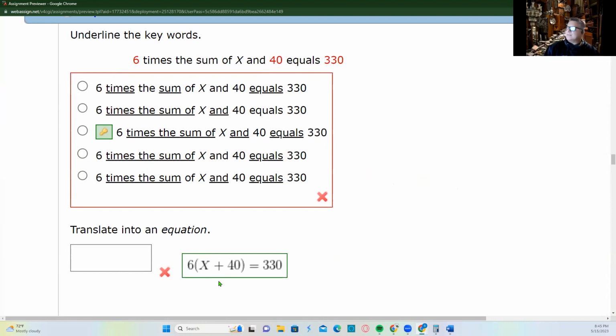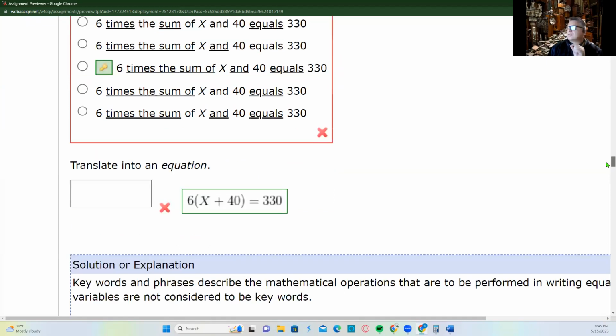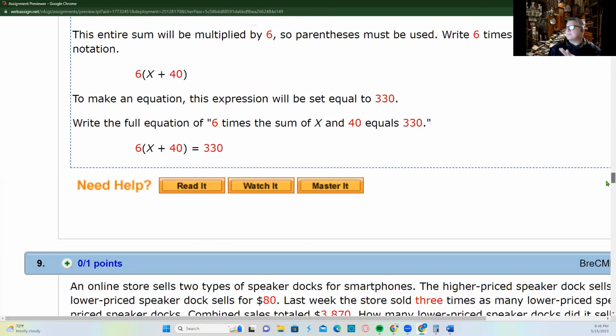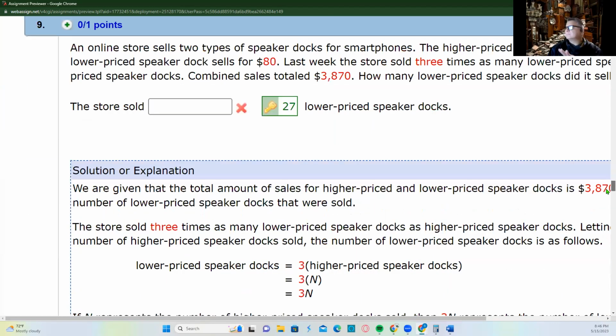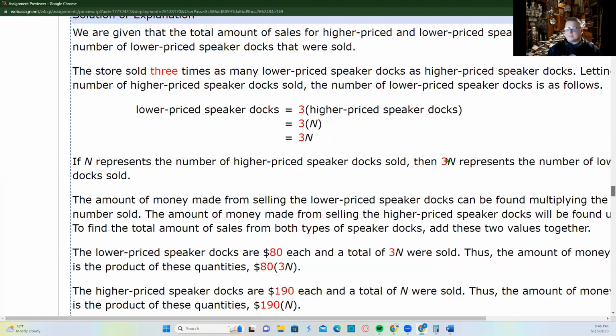Now, this is what an equation looks like when they say it like that, because they're saying 6 times the sum of x and 40. So sum, as we know, means addition, right? And they put this outside those parentheses. Now, in order to solve something like that, which you may have to, there's a thing called the distributive property. Now, I don't think they solve it here, but let's just look at it, see if they have one that you may be able to solve. Oh, that's what we'll do. We'll go to speaker docs.